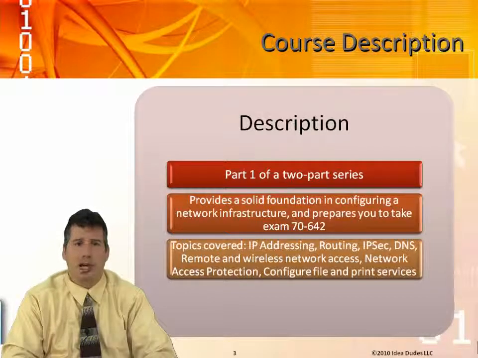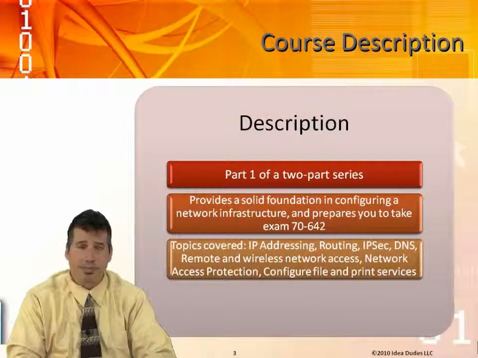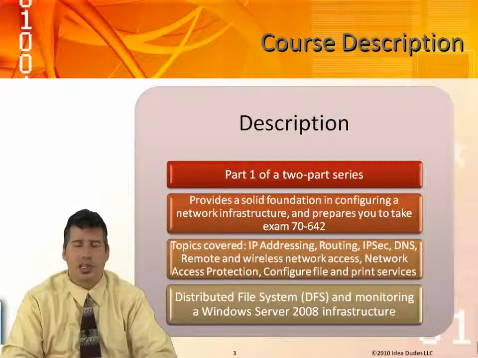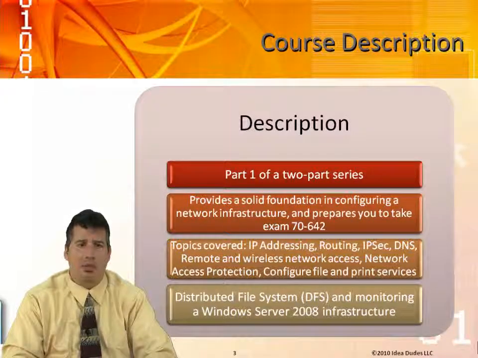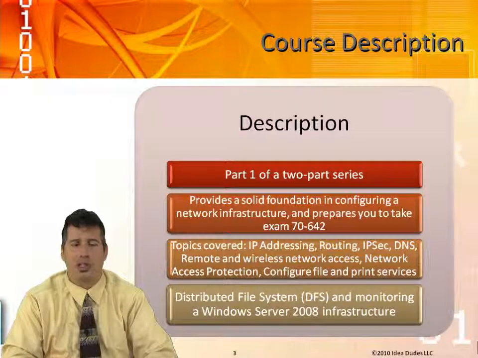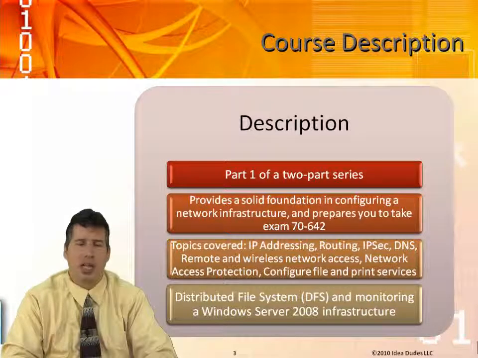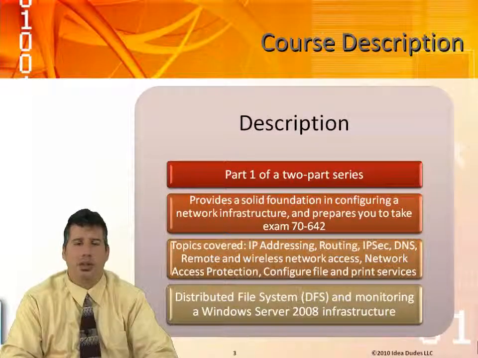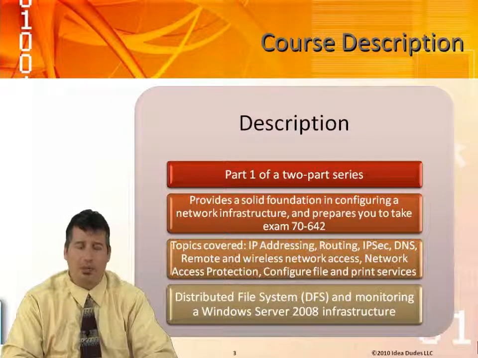We'll look at DNS, remote and wireless network access, network access protection, and configuring the file and print services also. And the distributed file system. As we've found out, in Windows 2003 we had DFS. But DFS has changed now. We have DFSR, which is Distributed File System Replication. And if you went through the 490, 491, and 492, those all dealt with the new things within Active Directory.